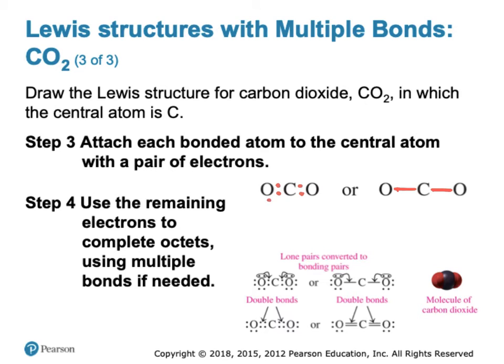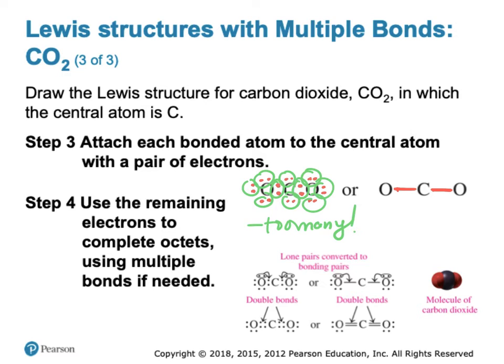So I'm going to just draw those in. Now let's count. Let's see if we have the correct total number of valence electrons. 2, 4, 6, 8, 10, 12, 14, 16, 18, 20. We have way too many. Right, but everything has an octet. So what are we going to do?